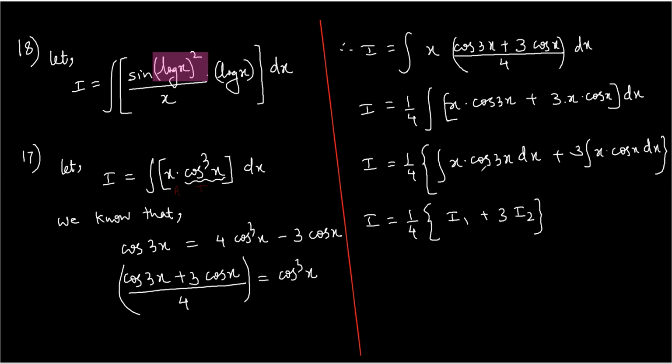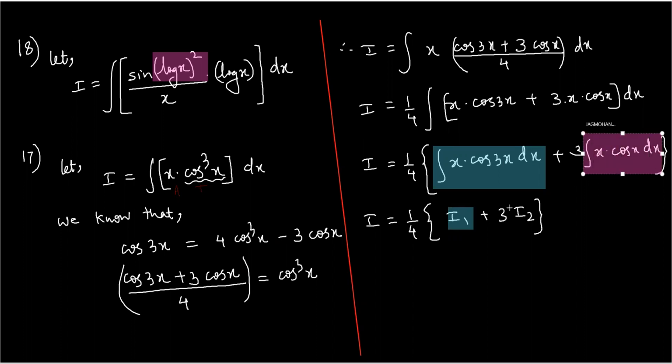I write it this way because I understand both of these have to be integrated using integration by parts. This is my I1, which I will integrate by parts, and this is I2, which I will integrate by parts. So I will integrate them separately and then substitute here. This is equation number 1.